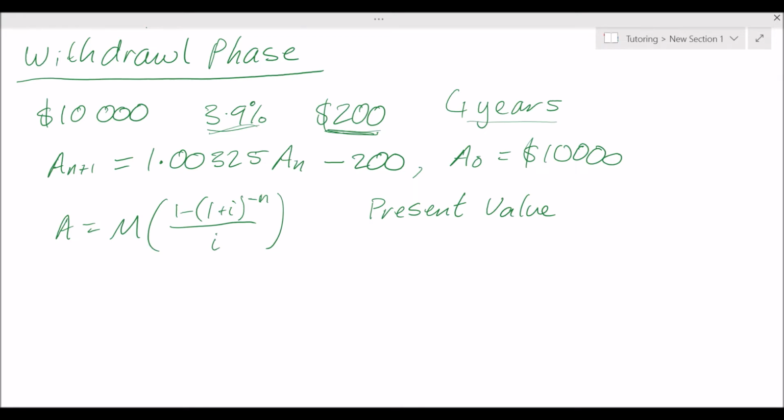How much money do I need right now for this arrangement to work? Well, I want $200 every month. Here's my interest rate. And I want that for 4 years.